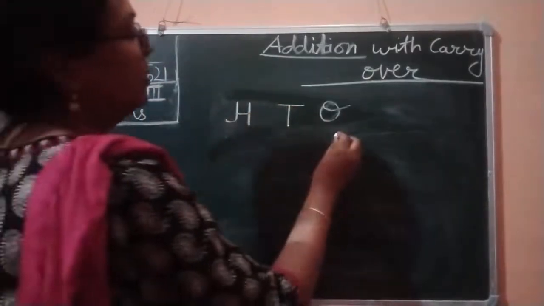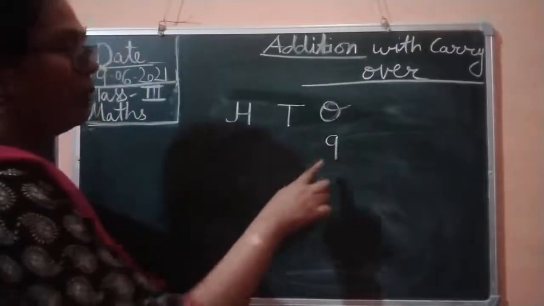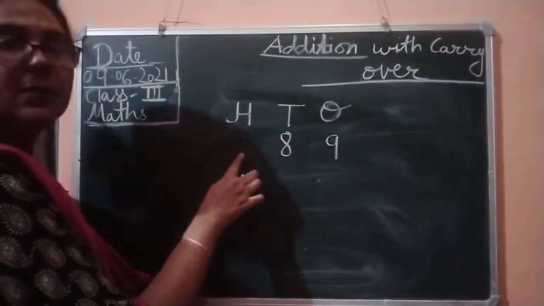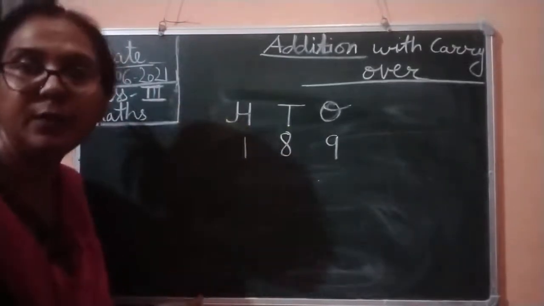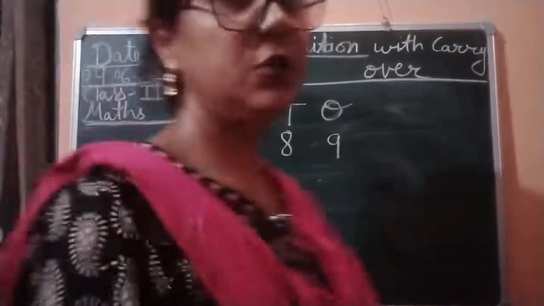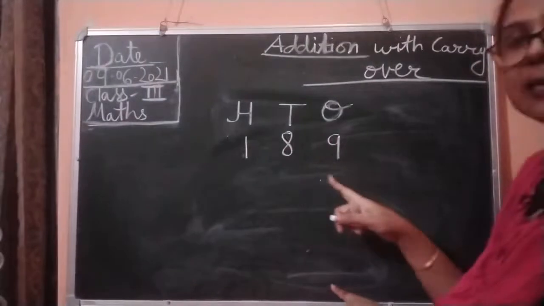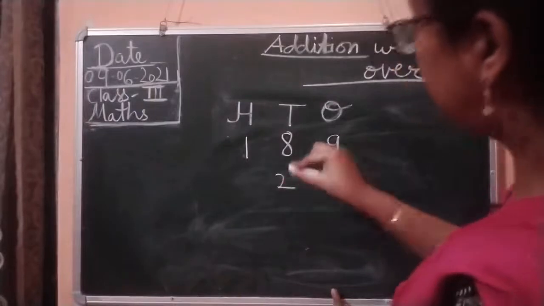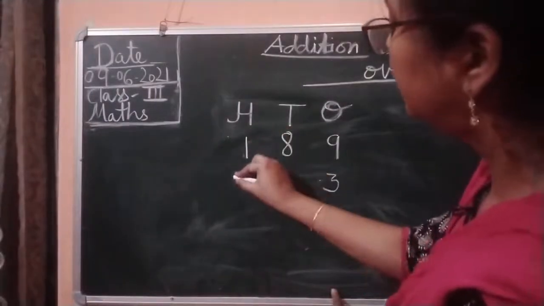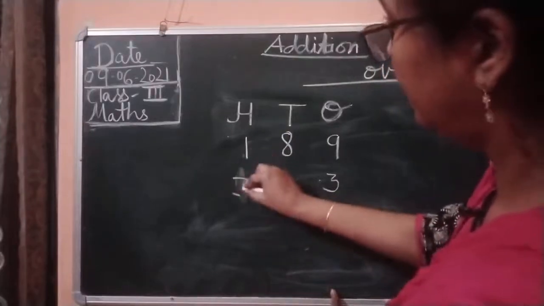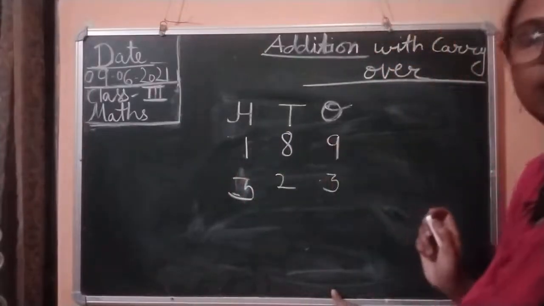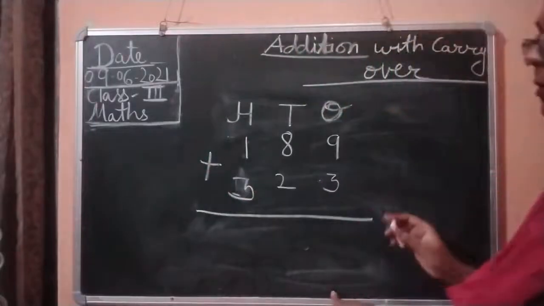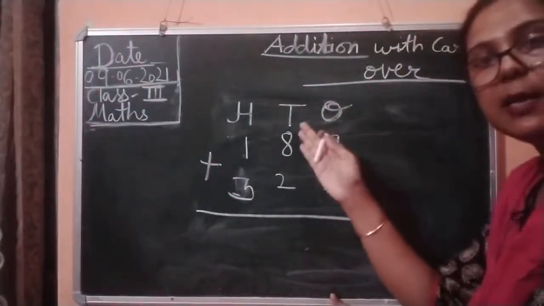Now we should start: 9 ones, 8 tens and 1 hundred. Next, what will we write on the next line? 3 ones, 2 tens and 3 hundreds.